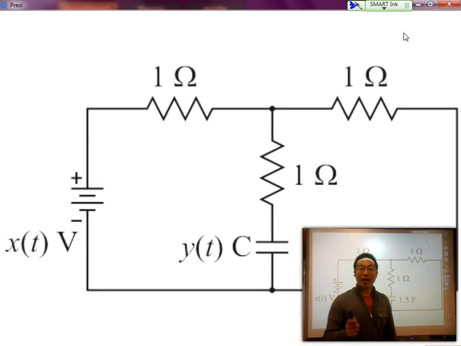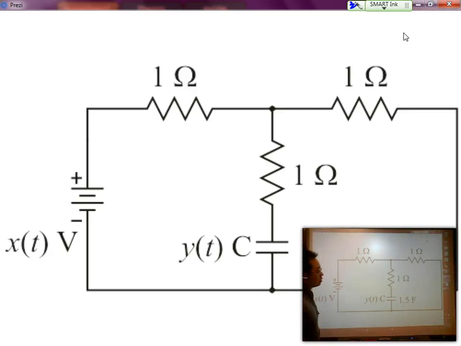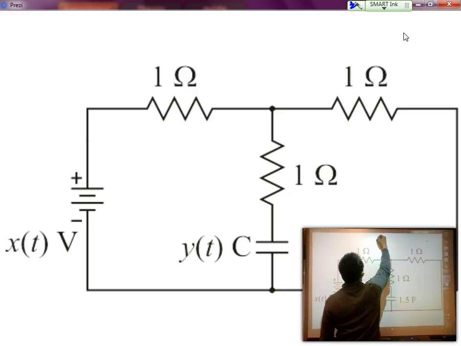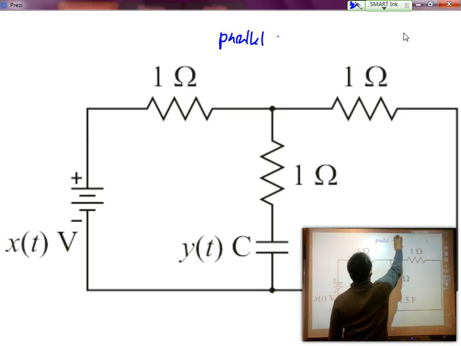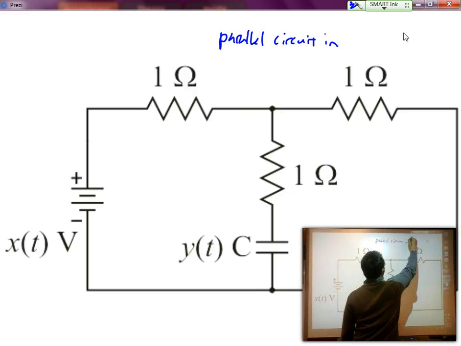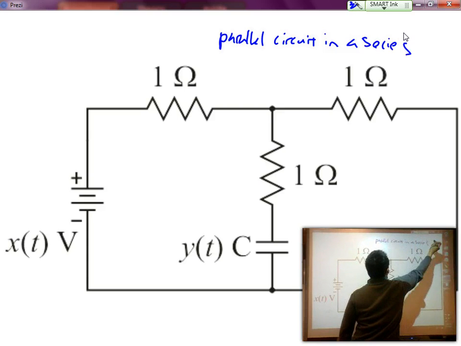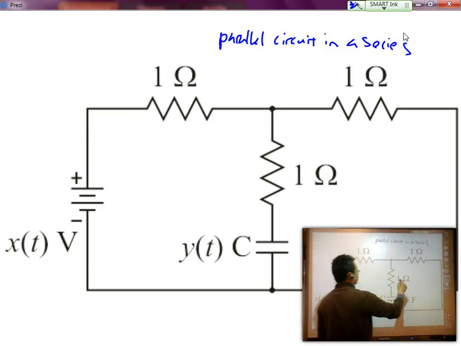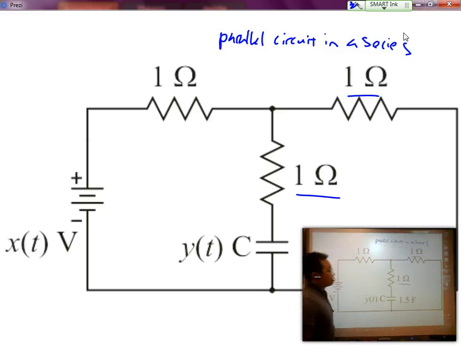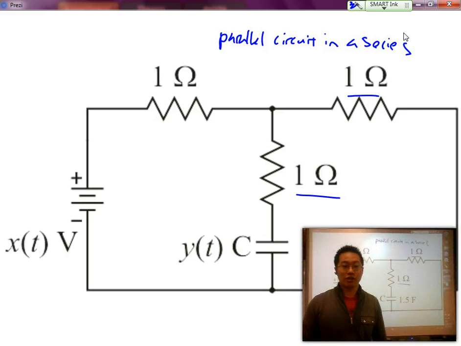However, look what happens. Initially, when the capacitor is placed in here, we have a parallel circuit in a series circuit. The 1 and the 1 over there are both parallel to each other.